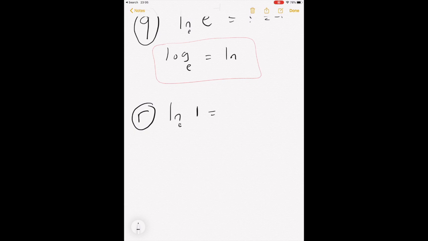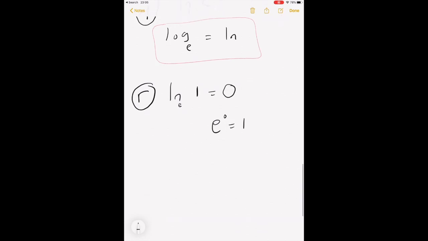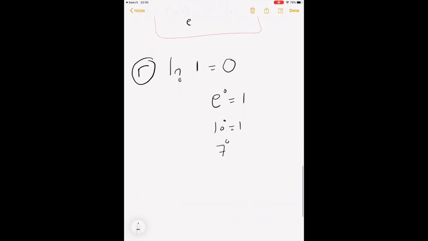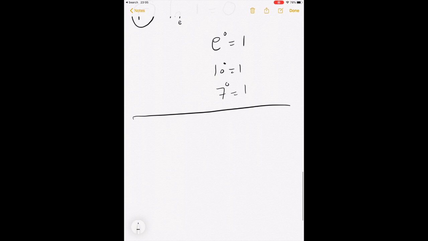Whenever you get something like that, the answer is always 0, because e to the power of 0 gives you 1, 10 to the power of 0 gives you 1, 7 to the power of 0 gives you 1, and so on. Always the answer for these questions is going to be 1.